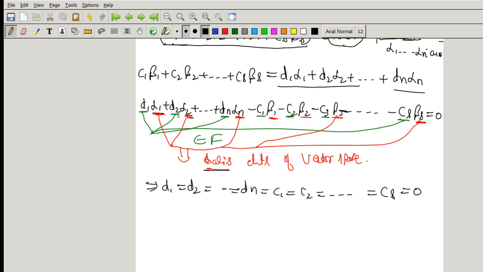We have considered the linear combination, and we just want that c1 equals c2 and so on up to cs equals 0.